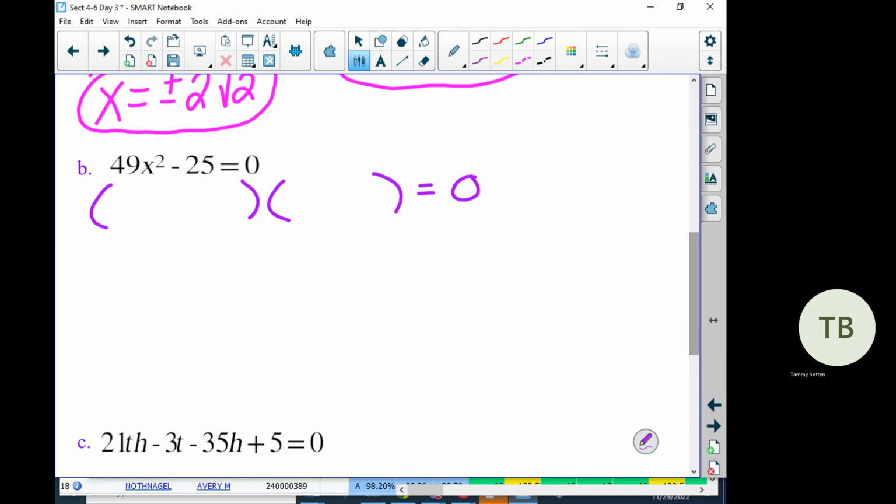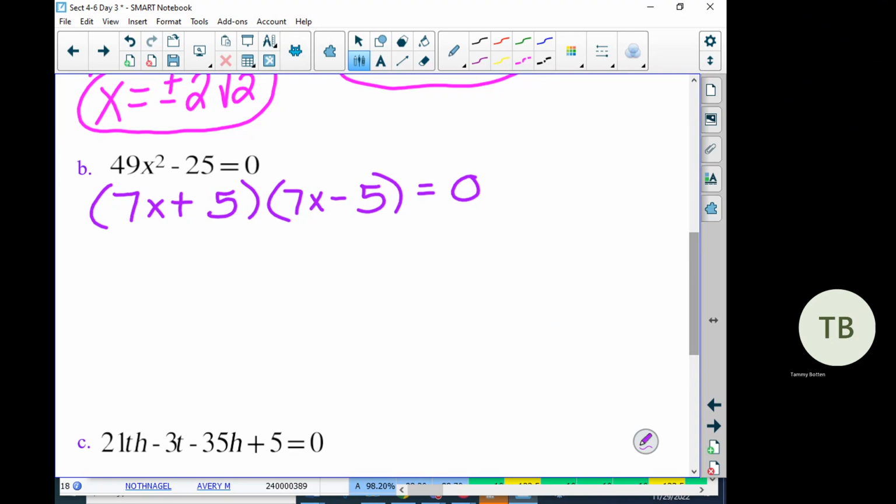Okay, now when it's like that, difference of squares, you're going to have a plus and a minus. This is x squared. We do an x and an x. We take the square root of 49, which is 7, and that goes here and here. We do the square root of 25, and that goes here and here.